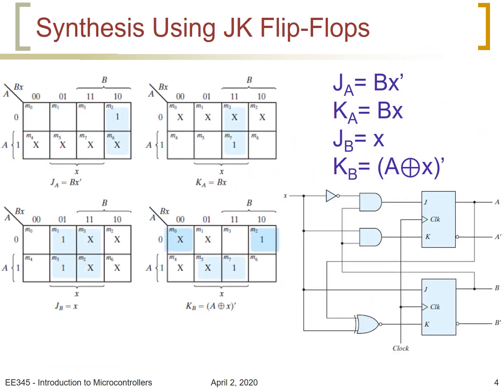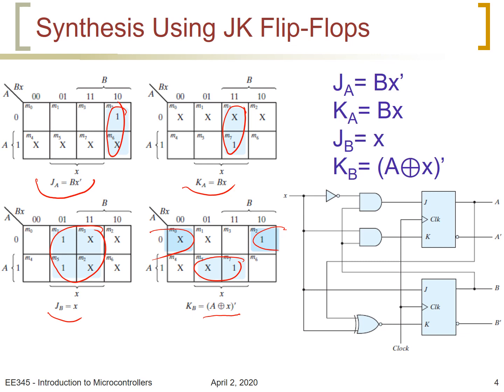We find that JA equals BX prime from here, and KA equals BX from here, and JB equals X, it is this loop here, and KB equals two loops, this loop and this loop, which give A exclusive or X prime.